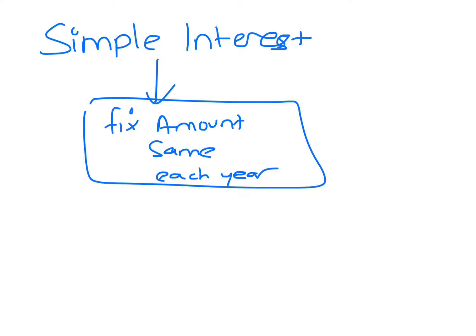Sometimes we call it a flat rate because it is the same. Unlike compound interest, where you're earning interest on your interest, especially like when you do an investment.